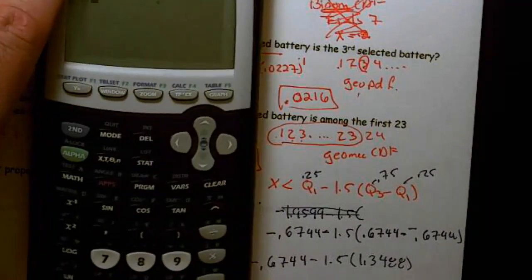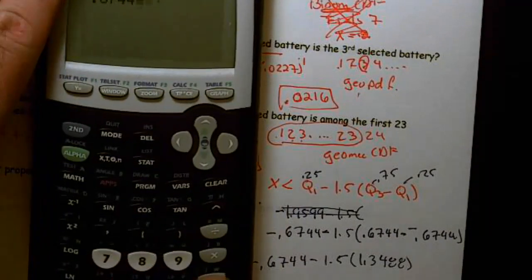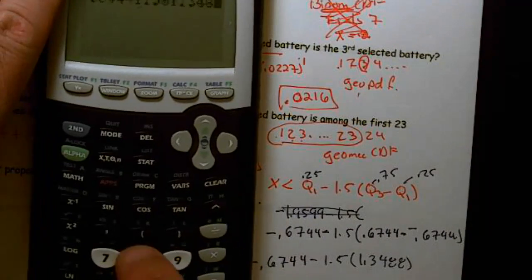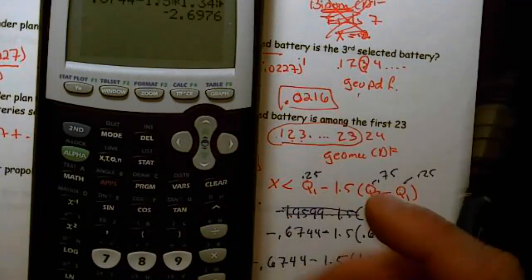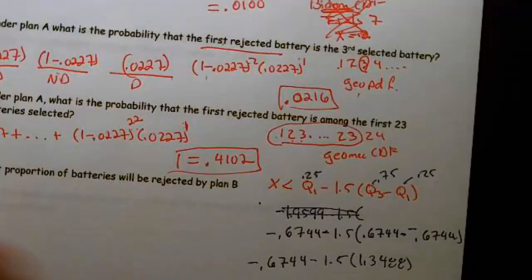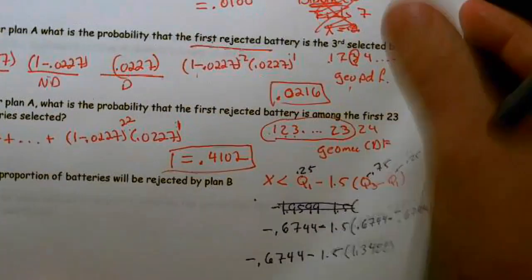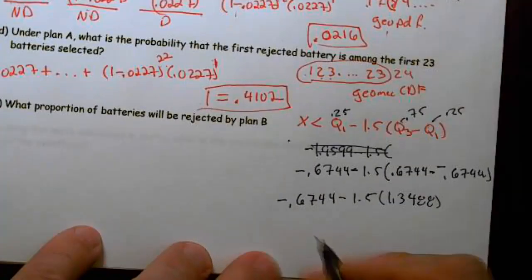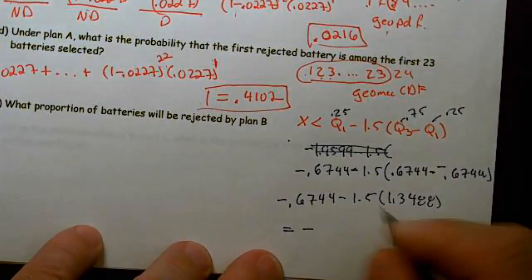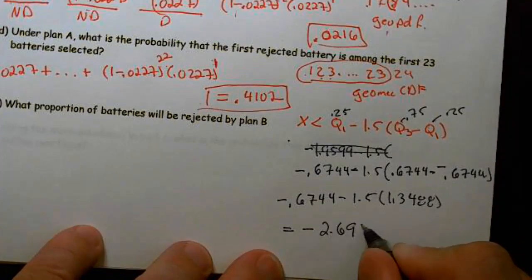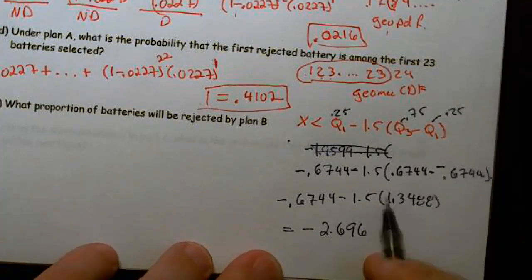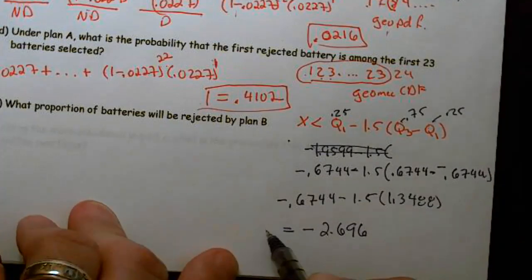So negative 0.6744 minus 1.5 times 1.3488 equals negative 2.696. So this is a z-score. If I get a z-score less than this, I'm going to reject.